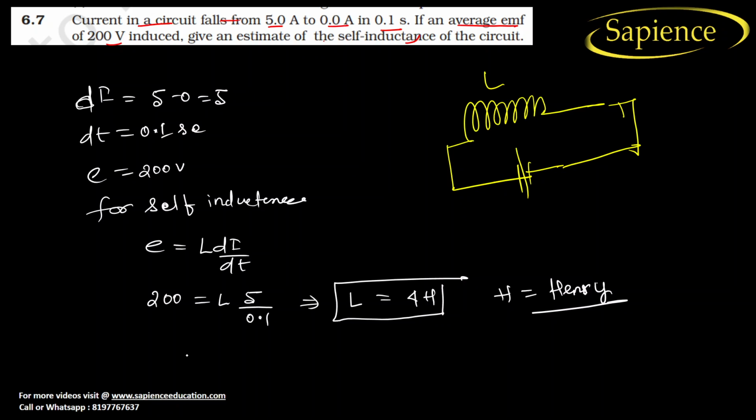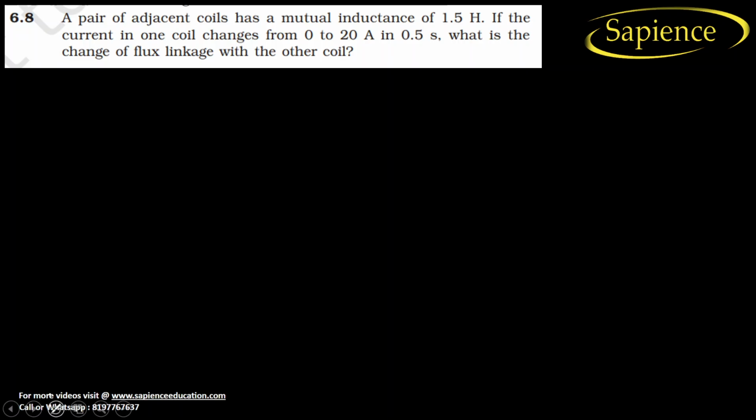Now let's go and solve question number 6.8. A pair of adjacent coils has a mutual inductance of 1.5 Henry. So they have given you a pair of coils.